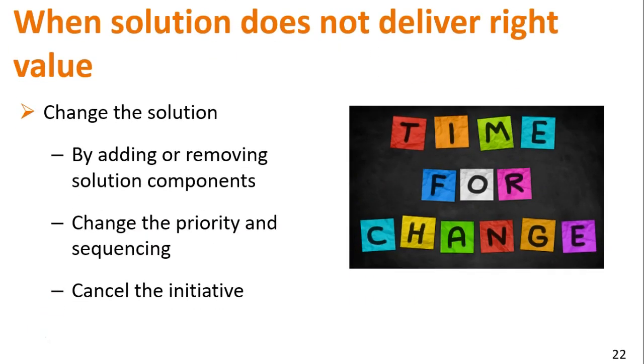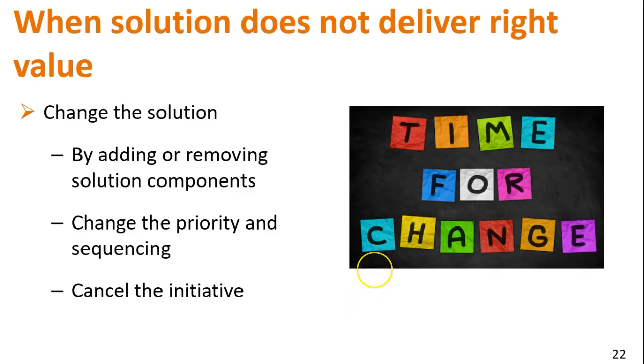So what happens if we find that things are not going the way we want them to go? Well, this is the horizon. This is the perspective where we make determinations as to how are we going to address the fact that our solution is not giving us what we thought it was going to give us.